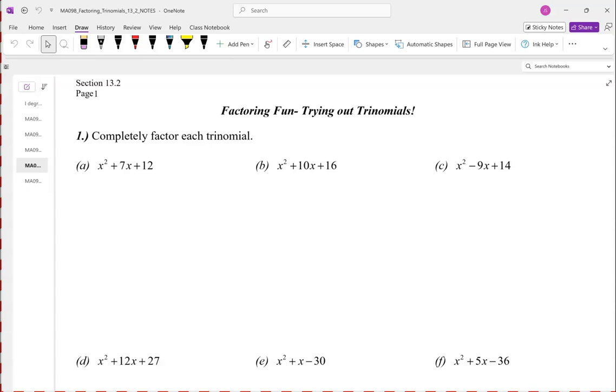What does it mean for the leading coefficient? Which coefficient are we looking at? Okay, let's start here.